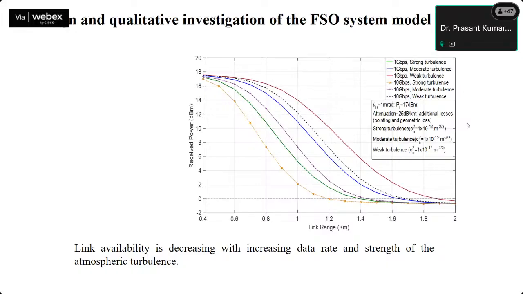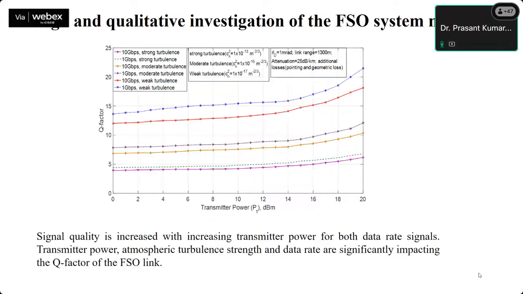Here we have shown the received power versus the link range. You can see the received power is falling very rapidly once the link range is increasing. This is obvious. As I said already, it is the turbulence that is going to affect the signal to noise ratio. So the received power will definitely be affected, and your SNR is going to fall. This is the case without taking any precautions.